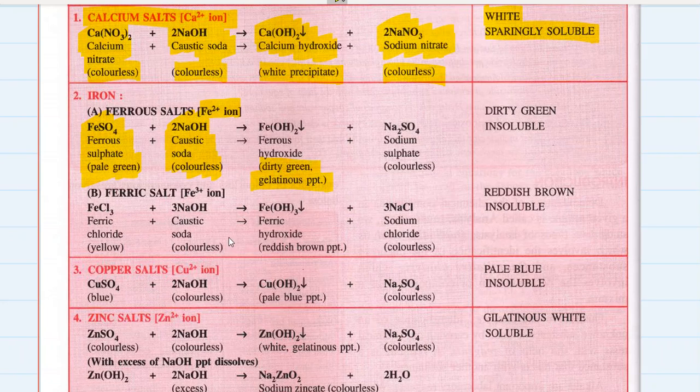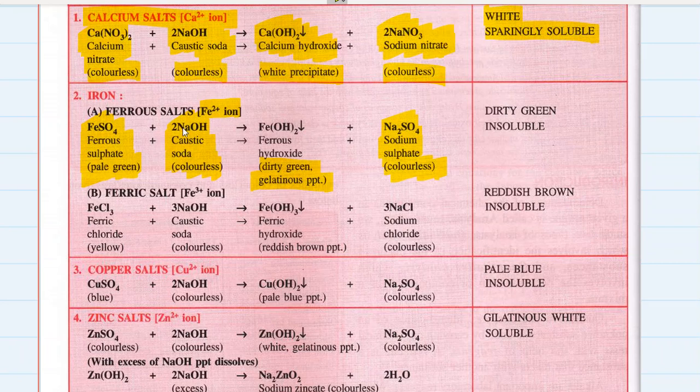Whenever you see a dirty green gelatinous precipitate, the given sample has got ferrous ions, plus sodium sulfate solution, which is colorless. So that test tube will look like colorless sodium sulfate solution, and at the bottom of that solution will be a dirty green gelatinous precipitate.